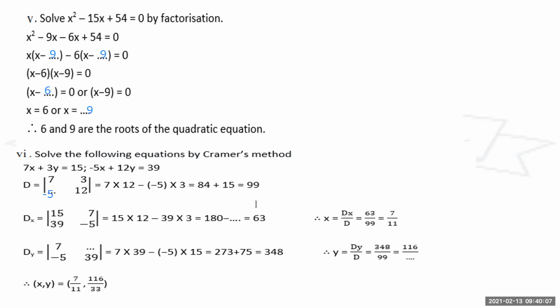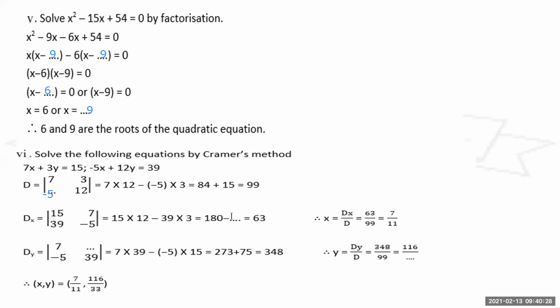So here it is given to you 7 into 12 minus minus 5 into 3, so that is already solved for you. Now in the next case, sorry, 15 into 12 minus 39 into 3. So 15 into 12 is 180, which is already given to you, minus.